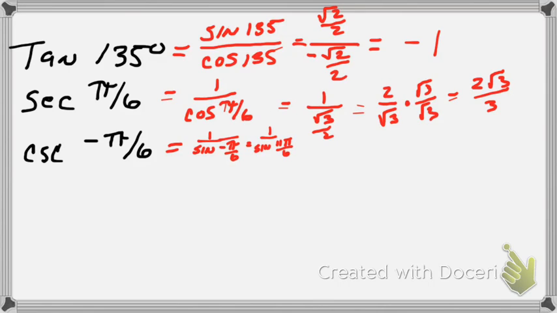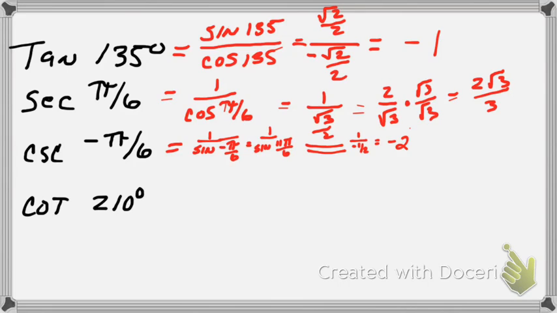Because that's where they both stop. The sine of 11 pi over 6 is negative 1/2. And if you flip that, you get negative 2. Okay, so there's a lot there. That was a flip function with a negative angle, against the grain angle that landed on 11 pi over 6.